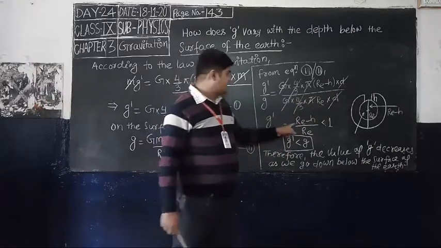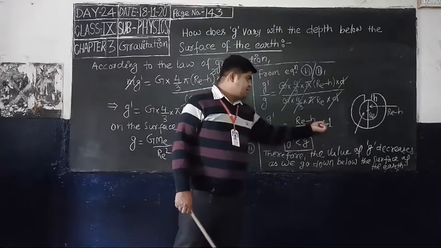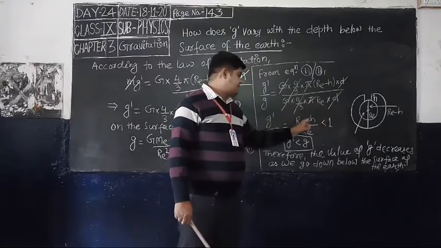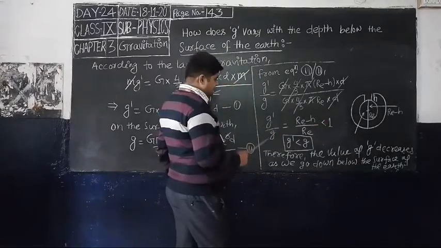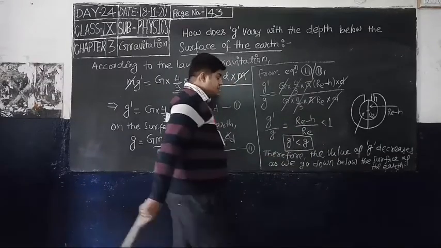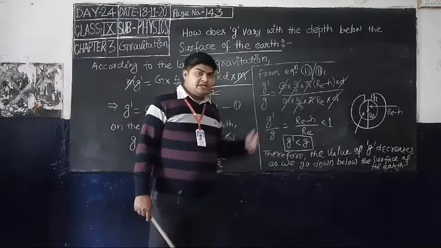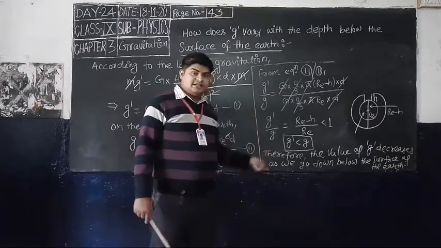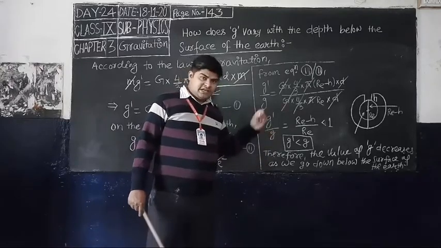And you know students, Re minus h is less than Re, so (Re minus h) by Re is less than 1. That means g dash is less than g. So we conclude that the acceleration due to gravity inside the earth is less than the acceleration due to gravity on the surface of the earth.